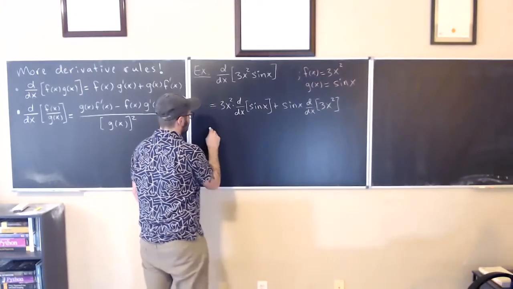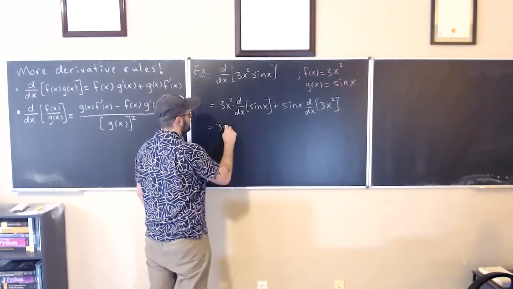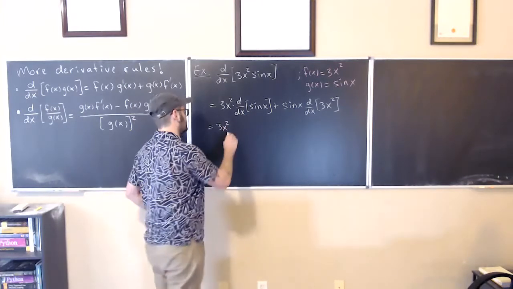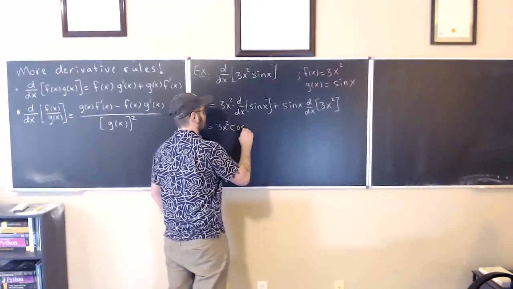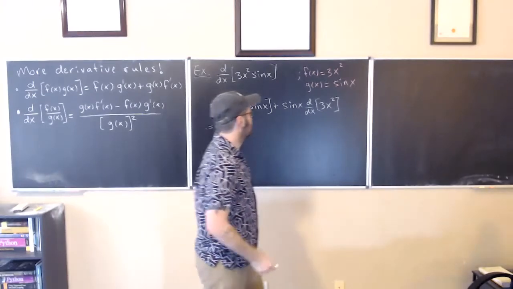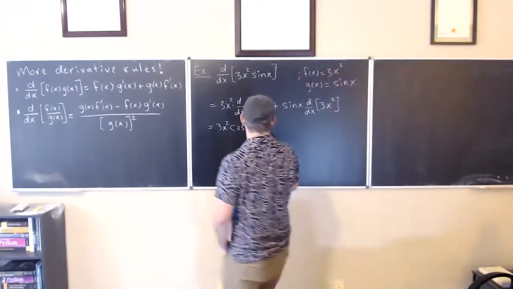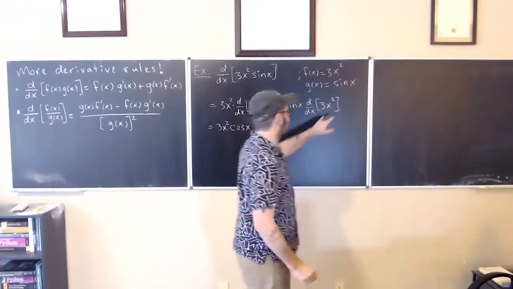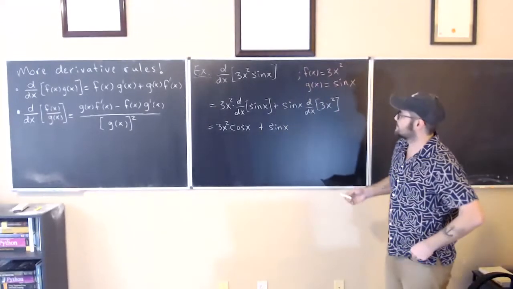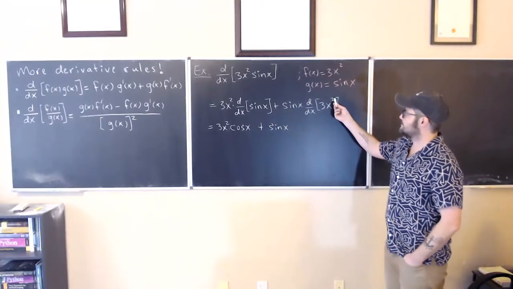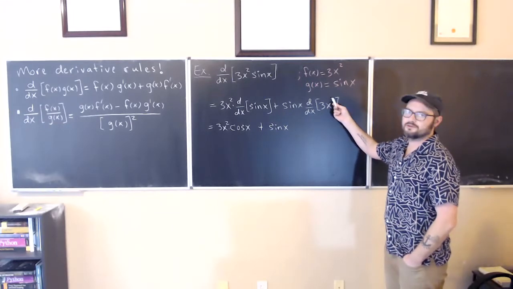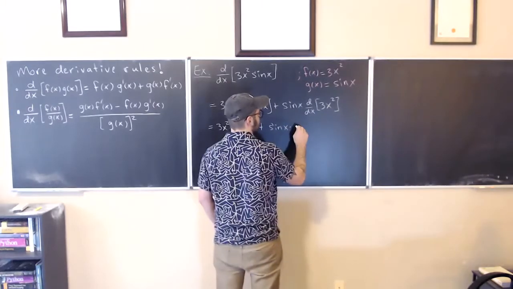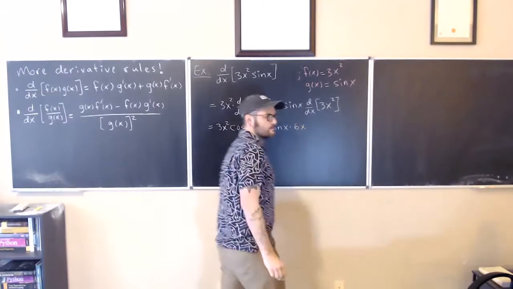So what does this become? We have 3x squared, and the derivative of sine, if you recall from last time, is cosine. So it's times cosine of x. And then here we're going to have sine x times the derivative of this, and if we apply the power rule, it's going to be 2 times 3 times x to the power of 1. So the derivative of that is just going to be 6x.